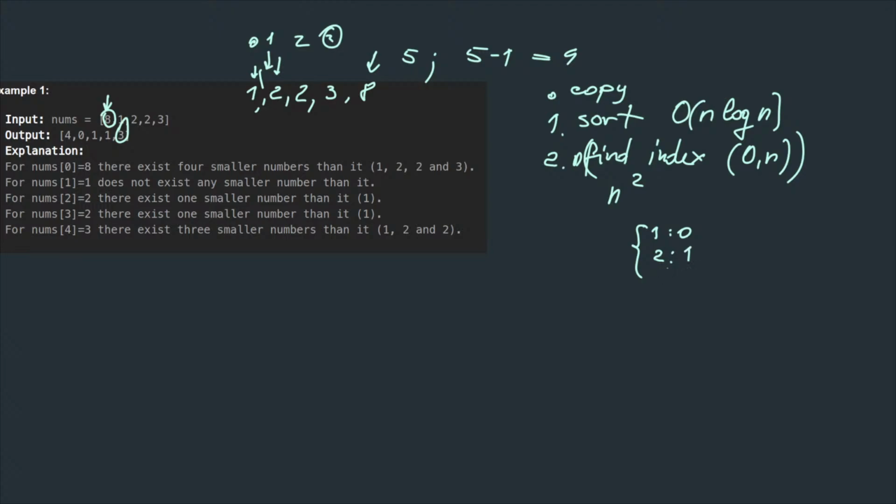We'll have item 2 again at position 2, but as it's already in our hash map, we'll not need to add it back. We'll keep only the first one. For item 3, we'll have position 3, and for item 8, position 4. And actually, this will be our results.